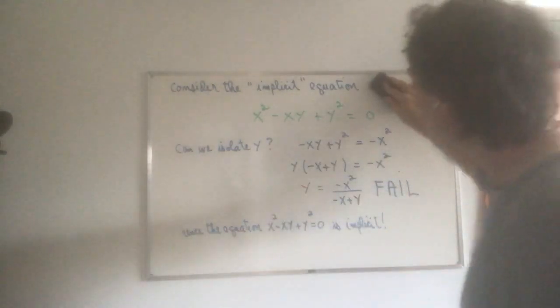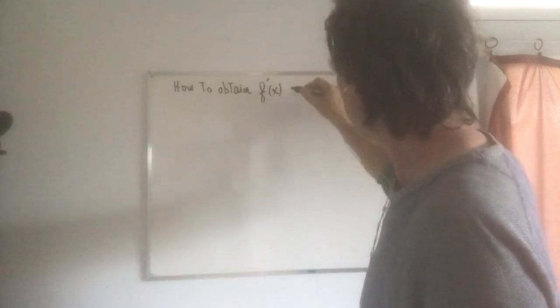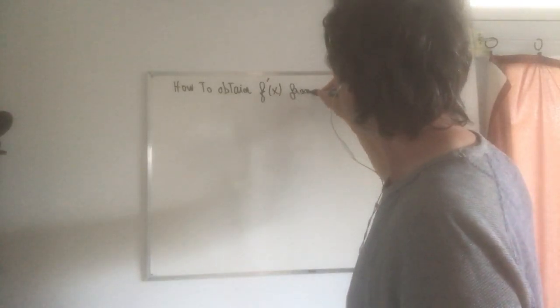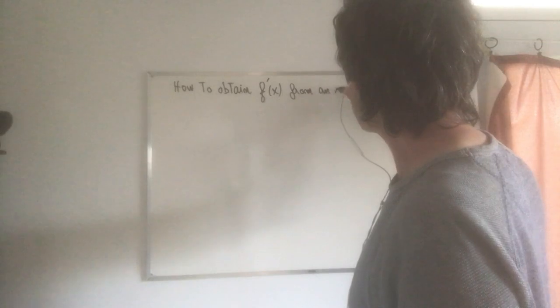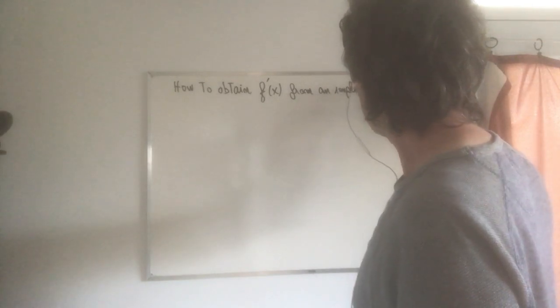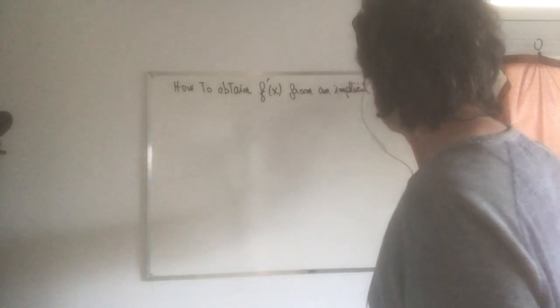So I will erase this and move on to the next whiteboard, which will be entitled, how to obtain f prime of x from an implicit equation.